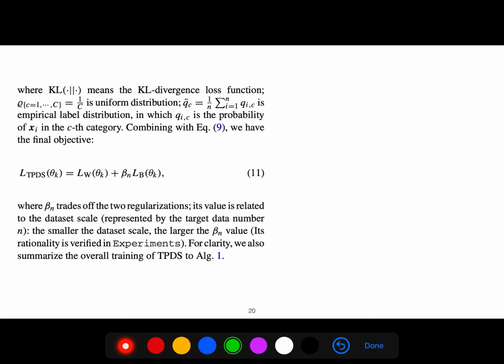So we combine them, the regulator and this L sub b, and we get the total loss. And beta sub n trades off the two regularizations. Its value is related to the dataset scale. The smaller the dataset scale, the larger the beta sub n.